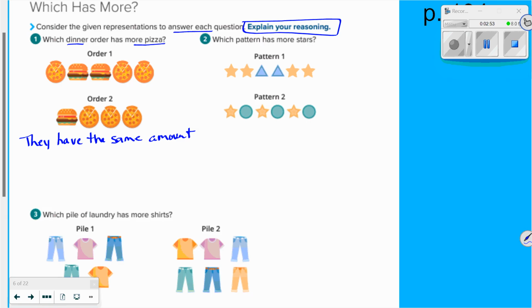For dinner, I ordered more pizza. Look at it. What is it? 5. This is 4. So as a ratio, order 2 has more.